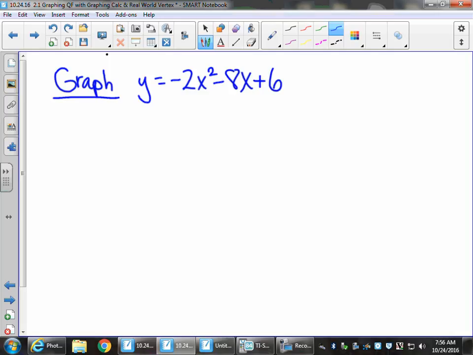Standard. So what values are we going to identify first? Like how Smartboard just switched between blue and green there for you. What are we going to do first for standard form?